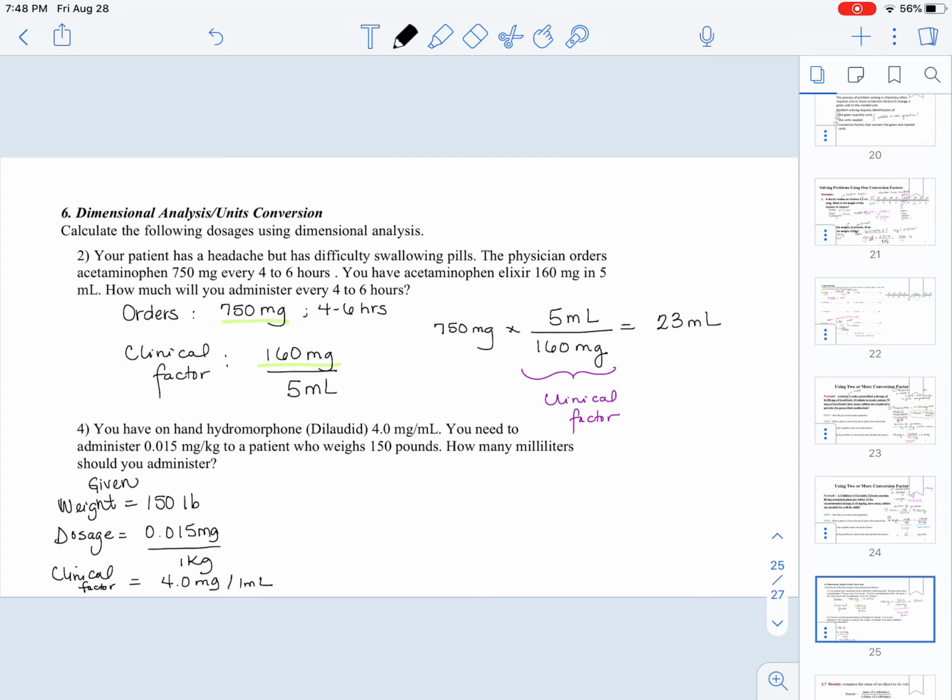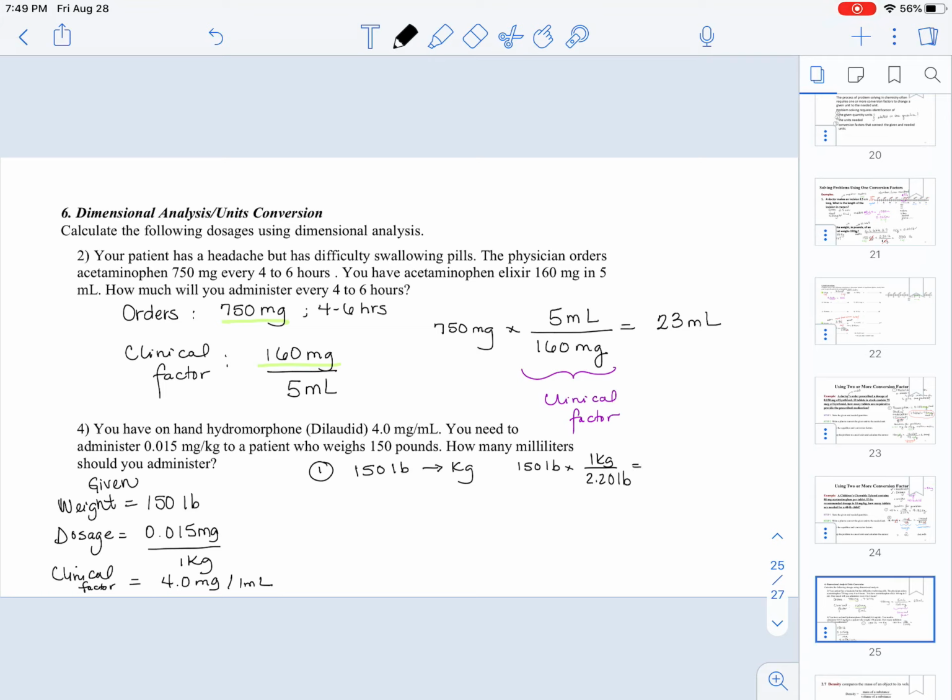As I explained before, the first step when solving these problems is going to take those pounds and convert them to kilograms. So in order to do that, you're going to say 150 pounds, 1 kilogram on top, 2.20 pounds in the bottom.